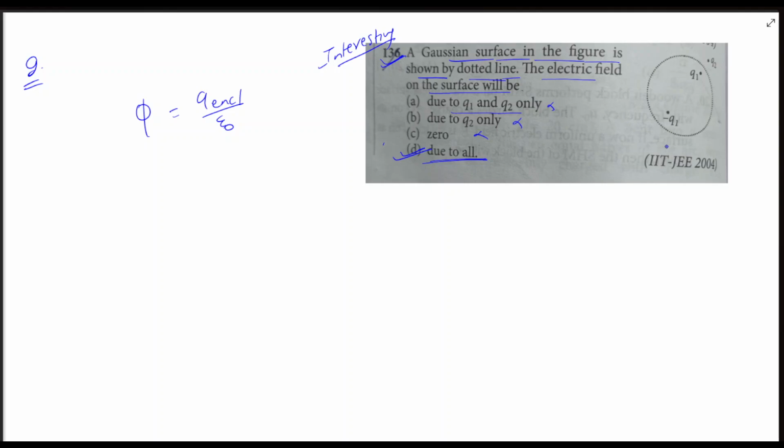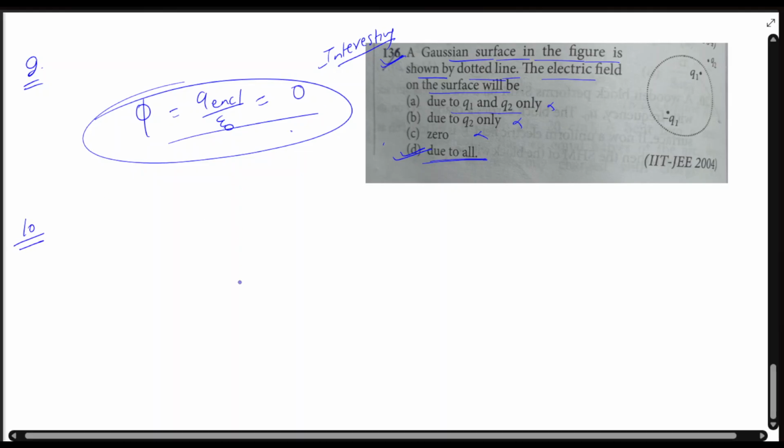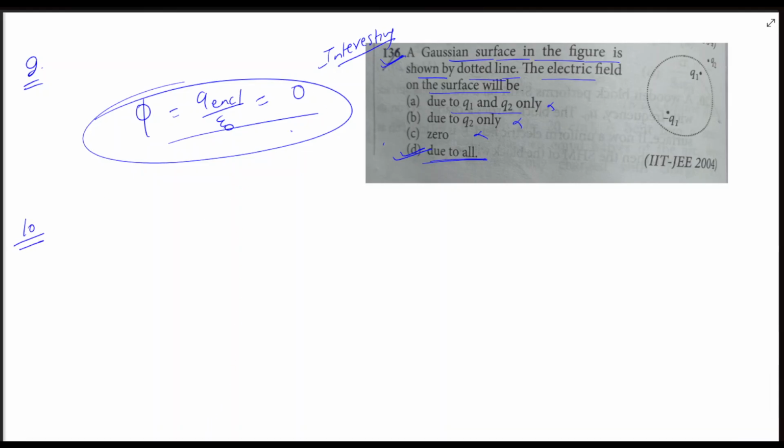But when you start to calculate the flux through this sphere, the mathematics will say it will come out to be the charge enclosed by the surface. So it will be zero. Okay. So remember this. That is a nice concept. Next, move on to our 10th question.